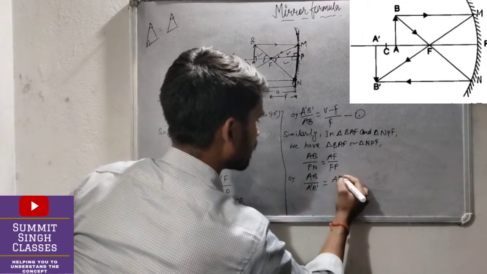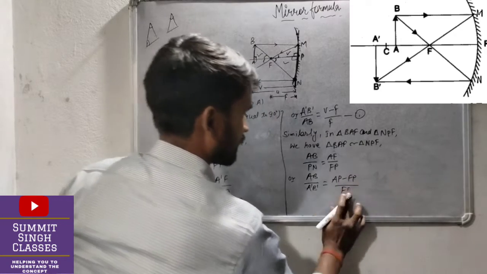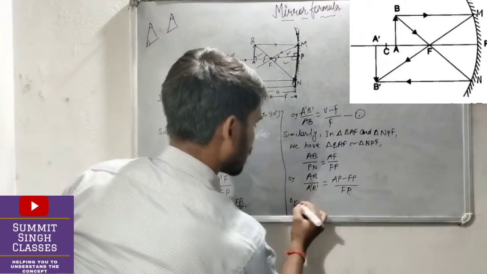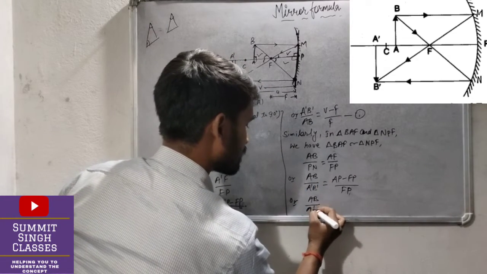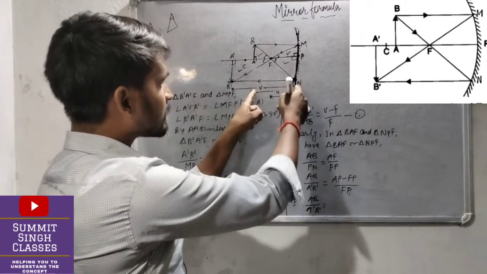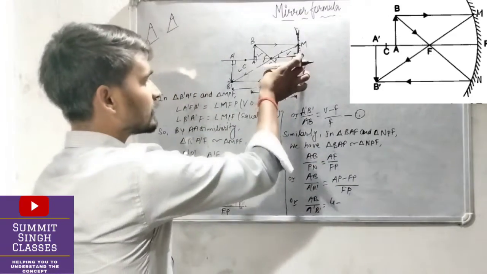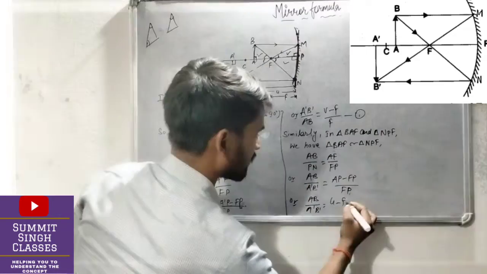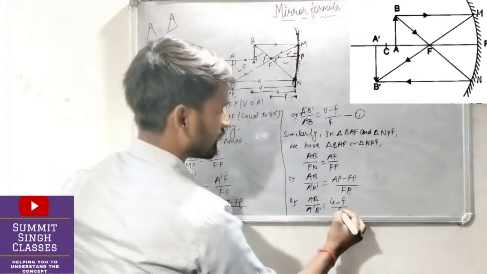What can we write here? AP minus FP, and FP remains the same. Or we can write AB by A dash B dash will be equal to, see here now, AP is the object distance, written as u, minus FP, which is the focal length, f, by FP, again the focal length.